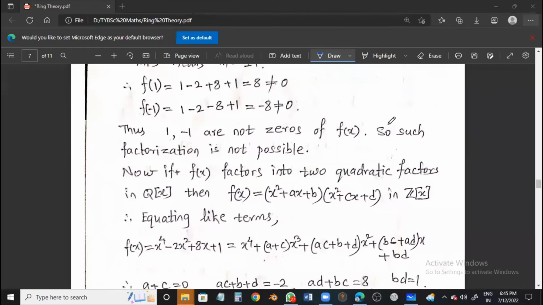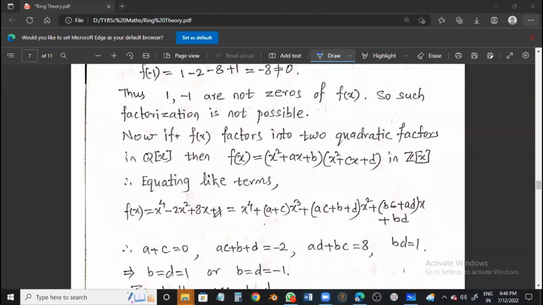Okay. Now, go for quadratic into quadratic. F of x, suppose we write as quadratic into quadratic. Then what will happen? We have to equate the terms. If you are writing quadratic into quadratic in Q, at the same time you can write quadratic into quadratic in Z. So a, b, c and d are all integers here. Now let me equate these two.